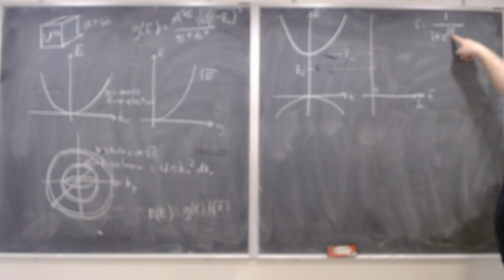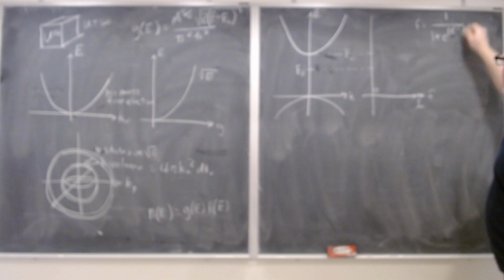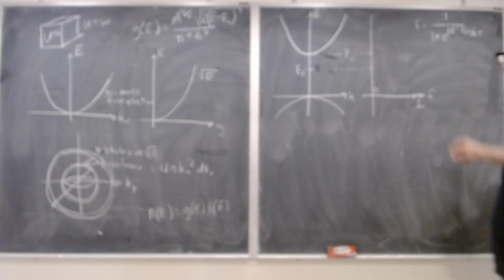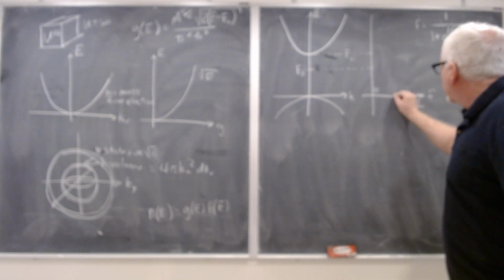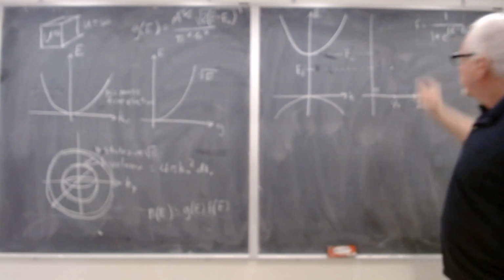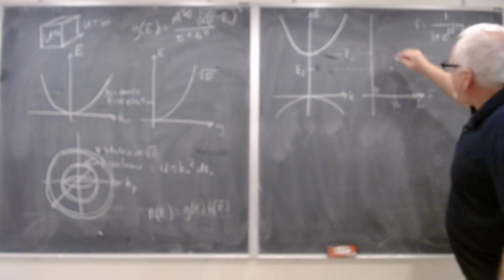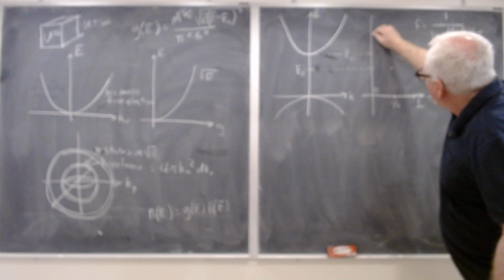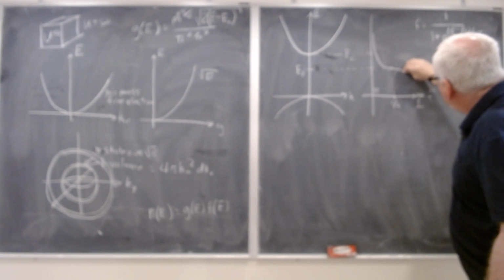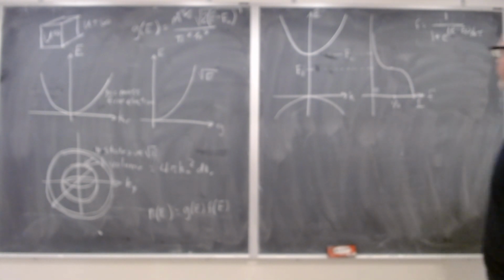And so because this is in the denominator, the E comes first, because then it gets smaller with E. And so it's always 1/2 at EF, and it basically does something like that.